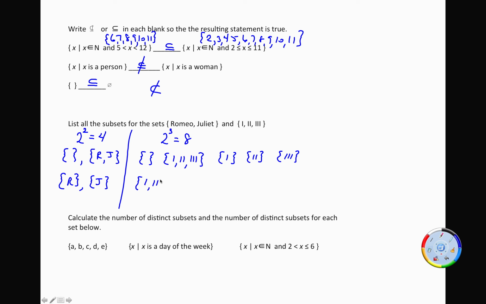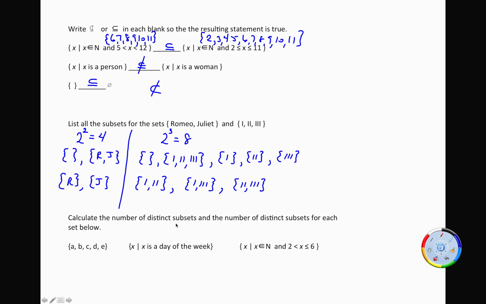Maybe I'm going to list 1 and 2. Okay, 1 and 3. Now I've paired 1 with the other elements. Let's move to 2. So 2 and 3. And because I know there must be 8, I can check and determine if I found them all or not. 1, 2, 3, 4, 5, 6, 7, 8. So here is a list of all of the subsets, and I feel confident that I've gotten them all.